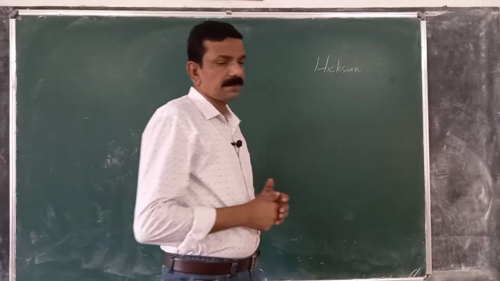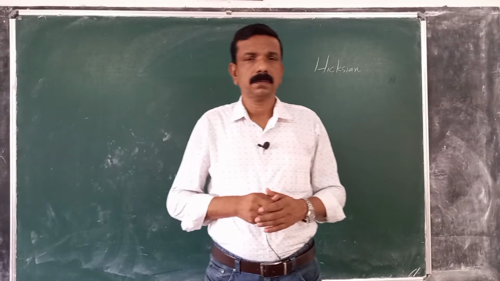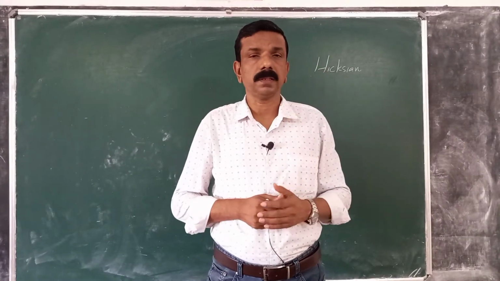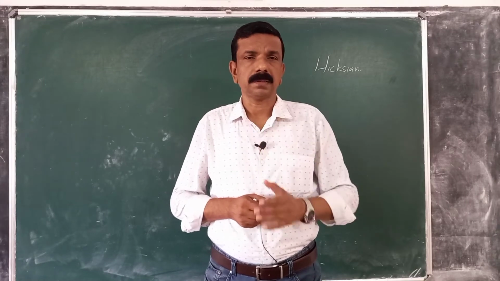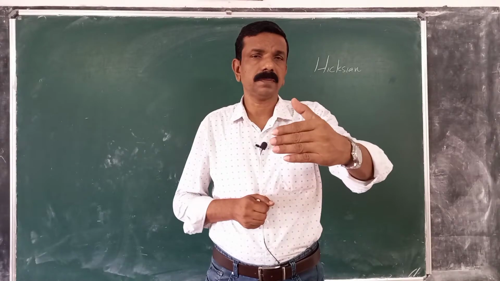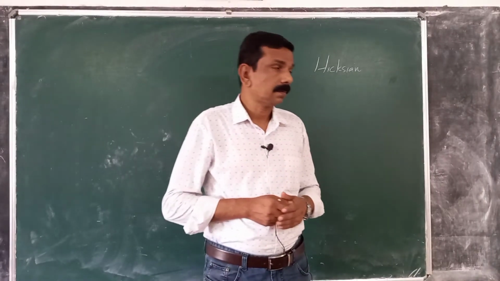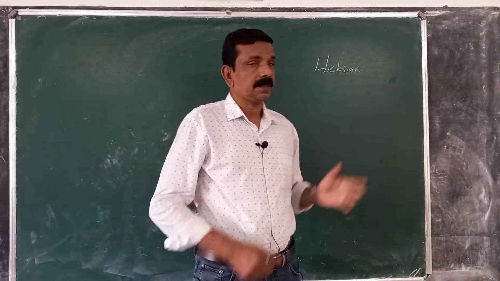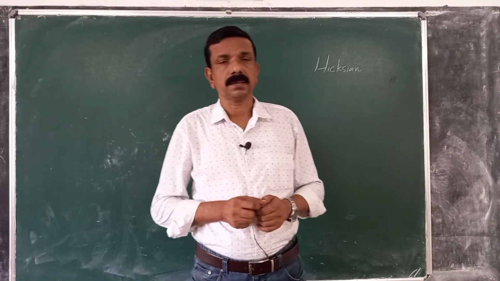The method of compensating for the increase in real income associated with a price decrease, or a decrease in real income associated with an increase in price, is known as Hicksian compensation, introduced by J.R. Hicks.